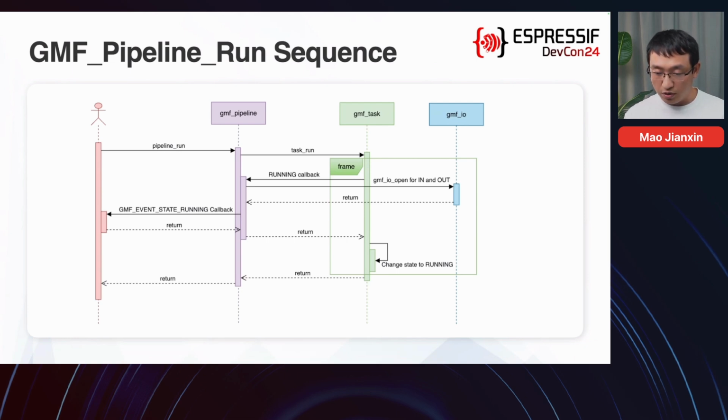The GMF task executes the blocking state and performs initialized tasks, including calling the running callback to open the connected in and out ports. After completion of those operations, a running callback is sent to the application layer. Only after all those functions return does the pipeline run function exit.